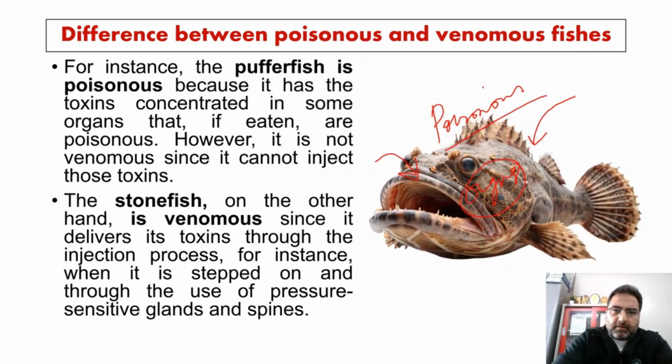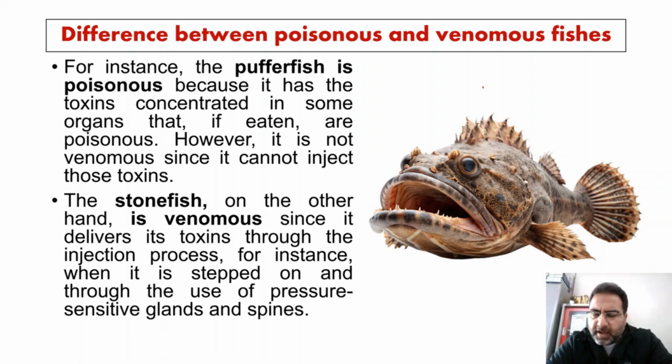But on the other hand, we see a fish on our screen, that is the stonefish. This is a venomous fish, and it looks like a stone near the beaches, and we are not able to differentiate between the stone and this very fish which lies inactive along the side of the beaches.